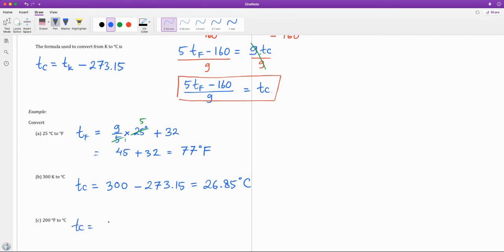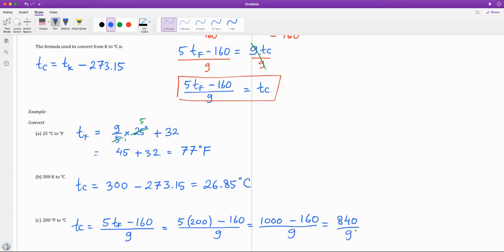So TC equals 5 times temperature in Fahrenheit minus 160, divided by 9. 5 times temperature in Fahrenheit, it's 200, minus 160, divided by 9. 1000 minus 160, divided by 9. 840 divided by 9.